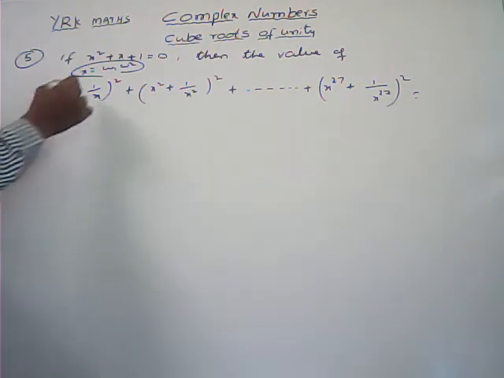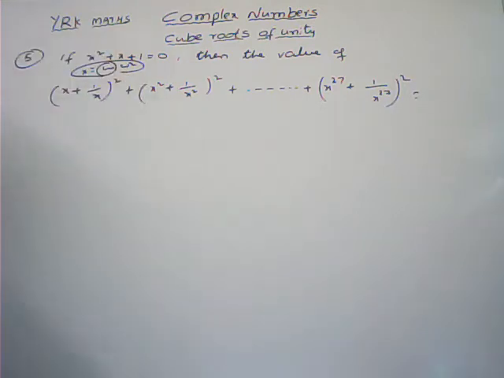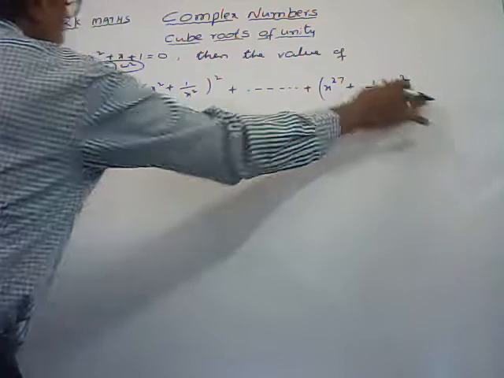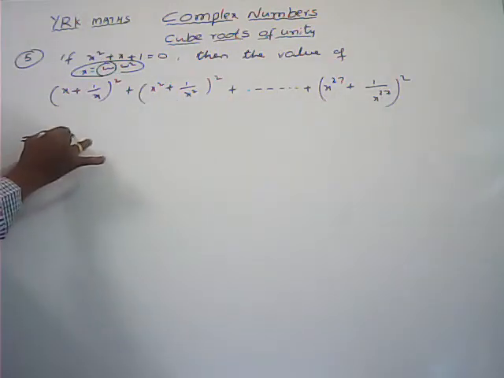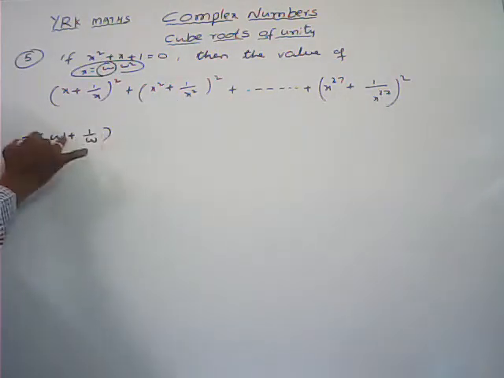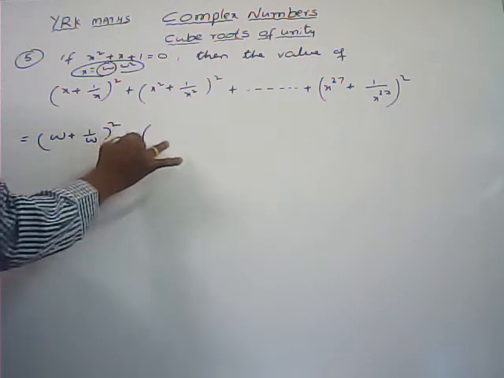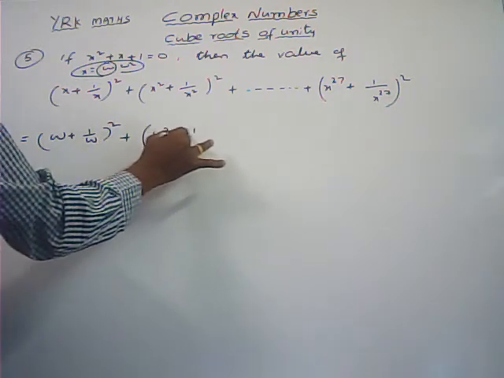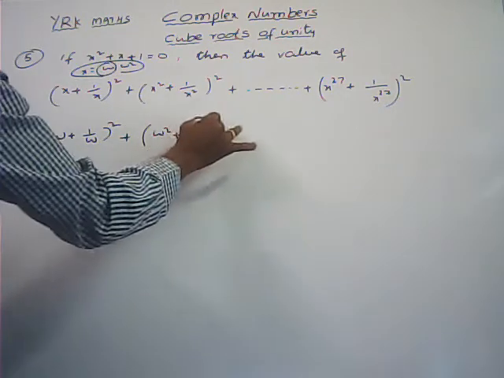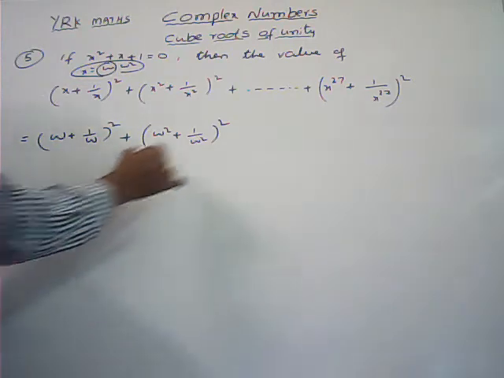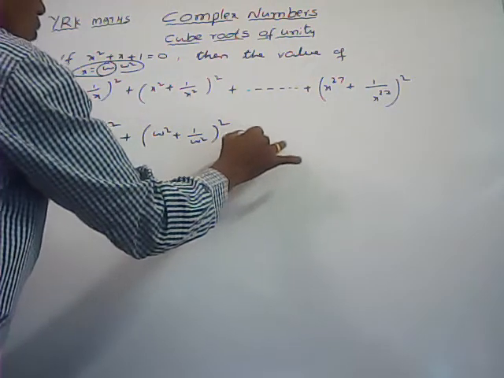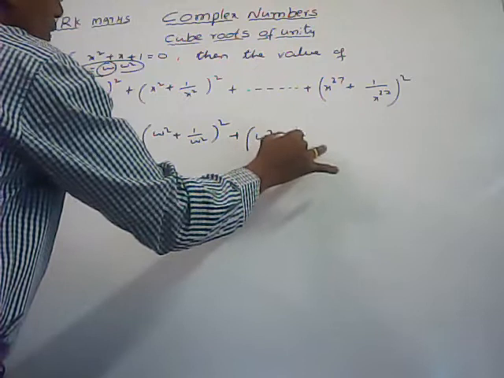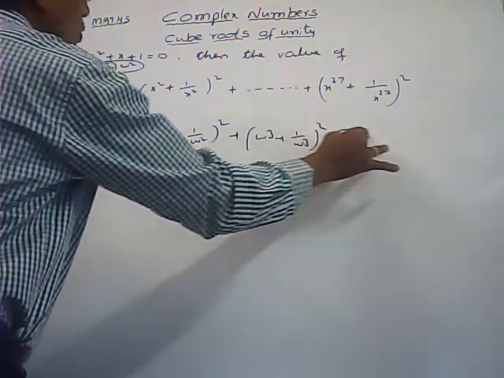For example, if I substitute omega in place of x, that is equal to omega plus 1 by omega whole square plus omega square plus 1 by omega square whole square plus omega cube plus 1 by omega cube whole square, plus so on.